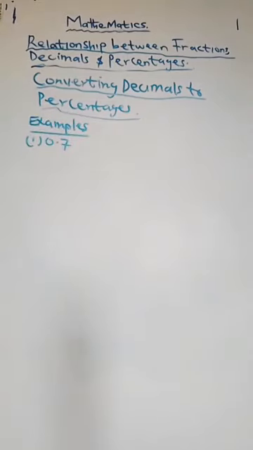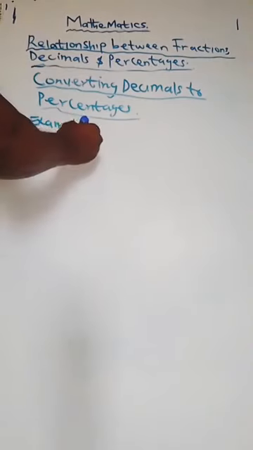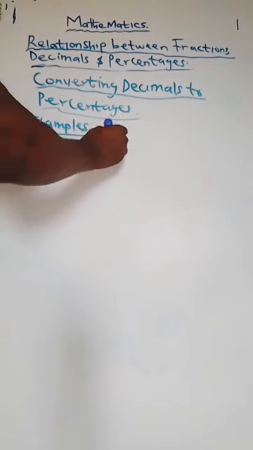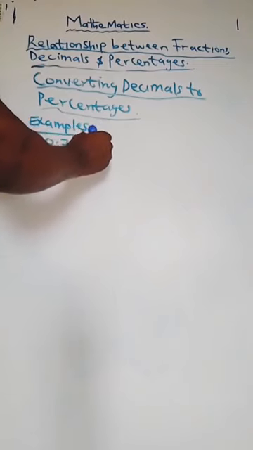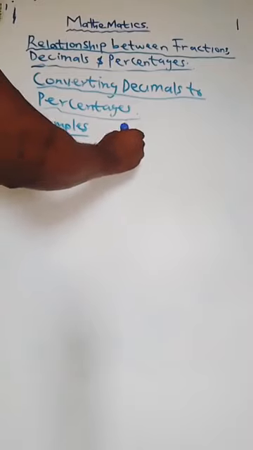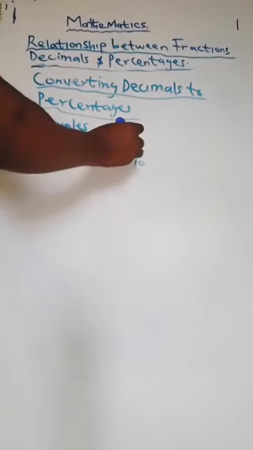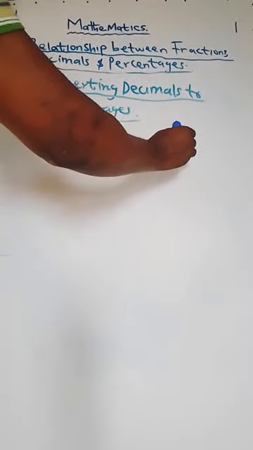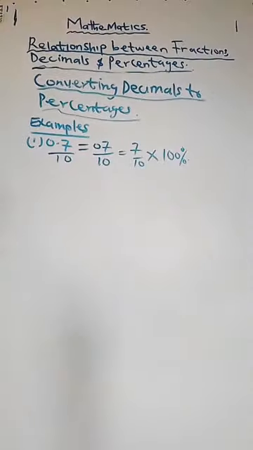Let's say we are asked to convert 0.7 to a percentage. The first thing we do is to convert 0.7 to a fraction. So that's the first step. This is 1, 0. So we have 7/10. So this is 7/10. Now, to convert it to a percentage, we multiply it by 100%.